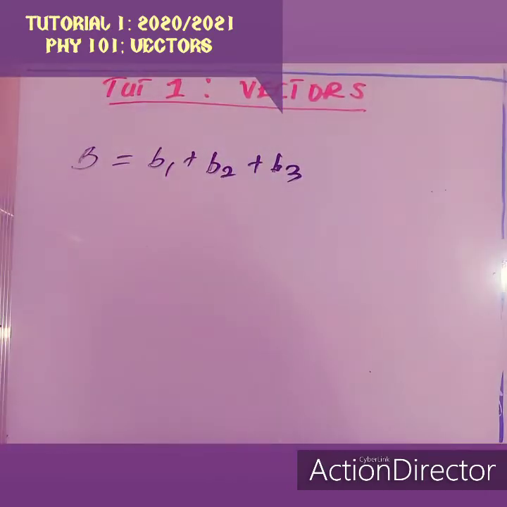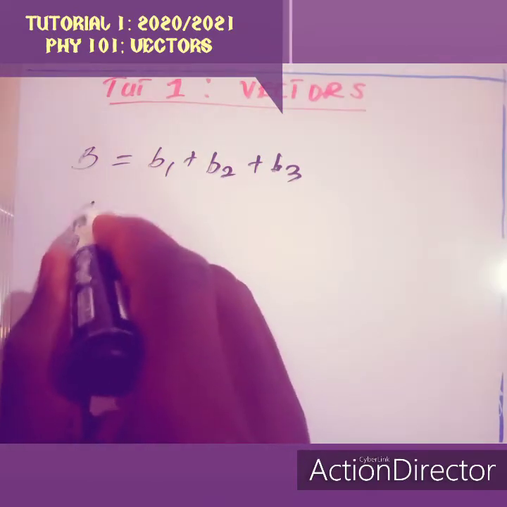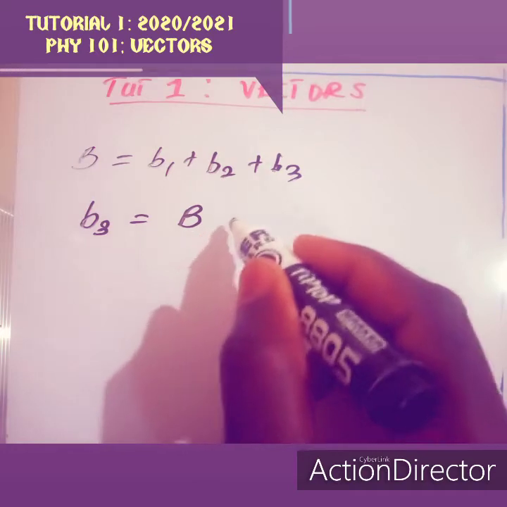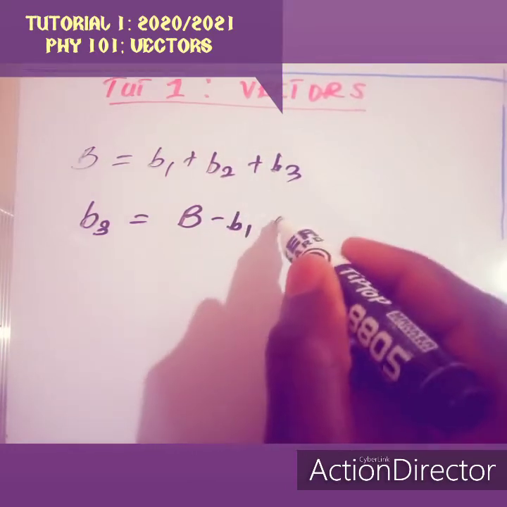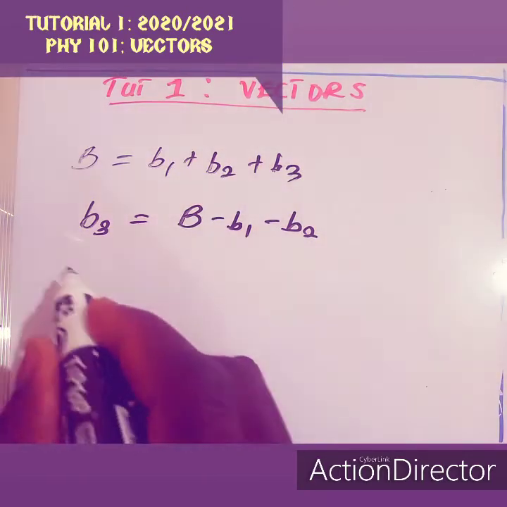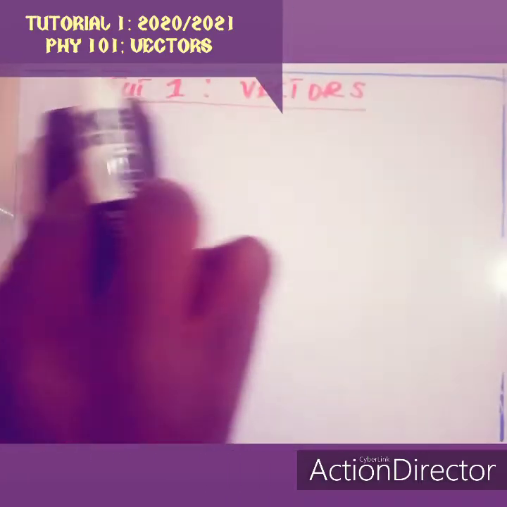Then B3, which we are looking for, will be equal to B minus B1 minus B2.